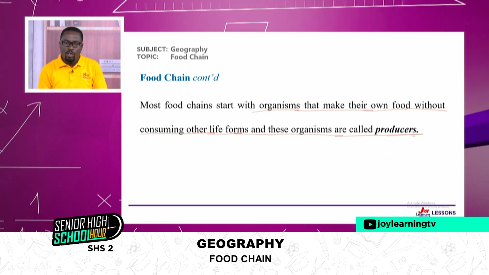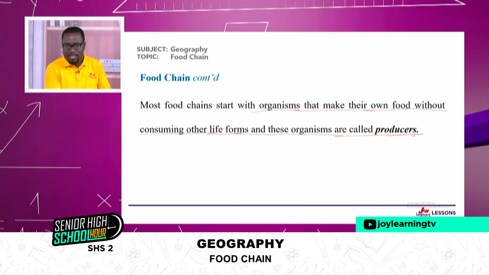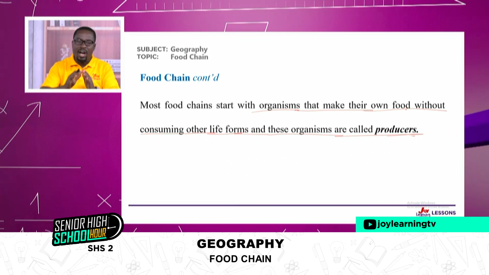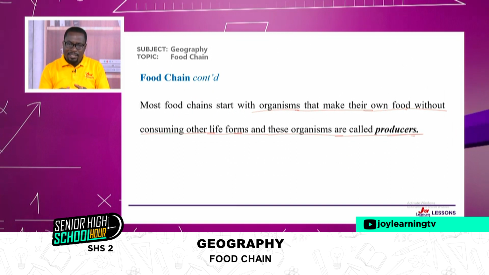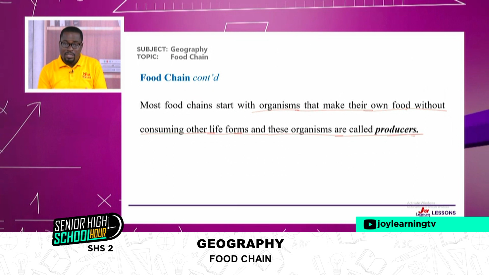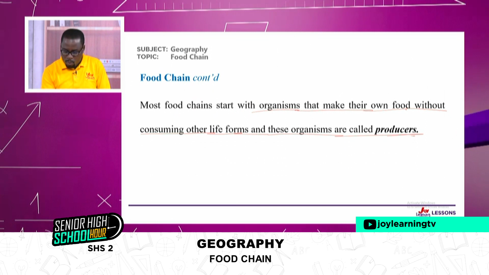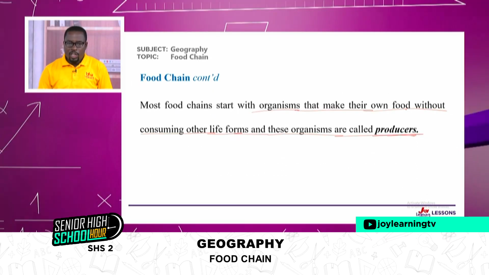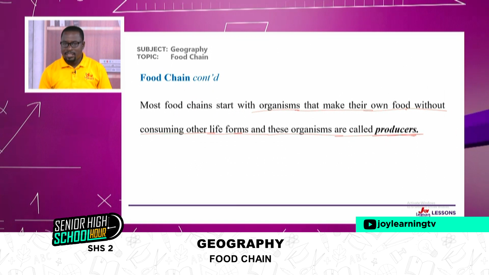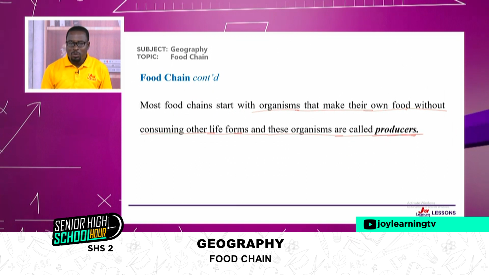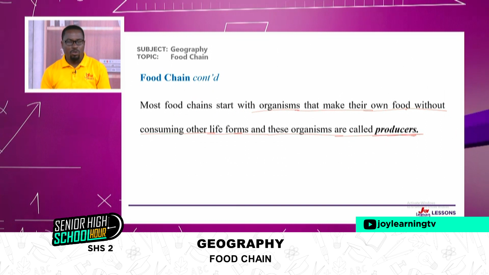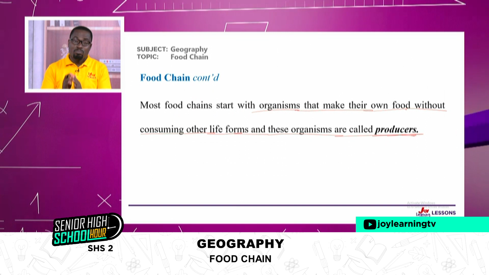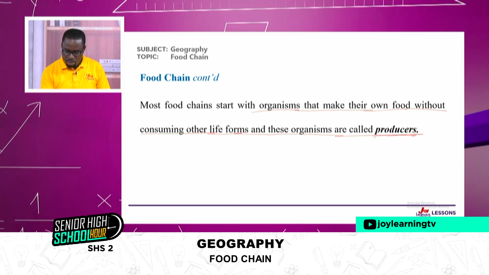In other words, it does not consume other forms of organisms before surviving, but rather produces its own food. And such organisms that produce their own food, we call them producers. They just produce. They don't mind whether you come closer to them. Of course, they will not feed on you, and so they produce their own food. So we call them producers. Good.